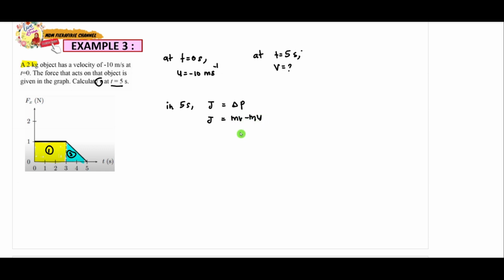Okay, so from here I can calculate v is equal to J plus mu over m. Okay, but we need to find first the value of impulse from the graph, so we need to calculate the area under the graph.